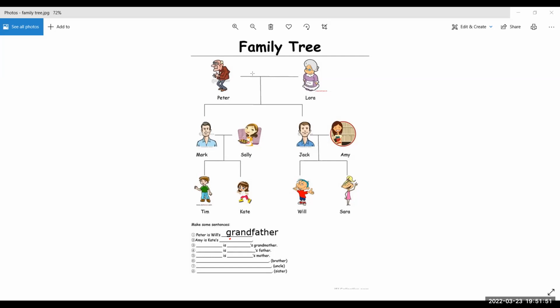Lovely. And give me a sentence saying someone is someone's brother. So make a sentence for me and include brother based on this family tree. So blank is blank's brother. Fill in the blanks.